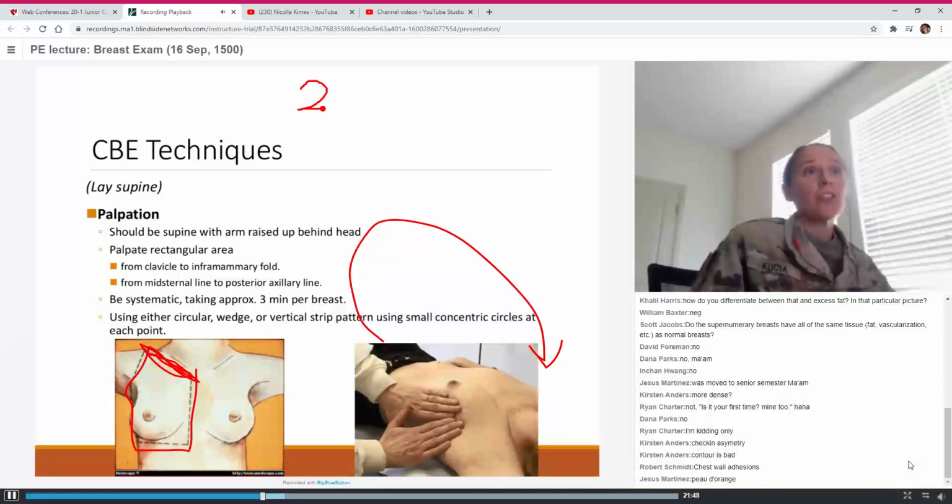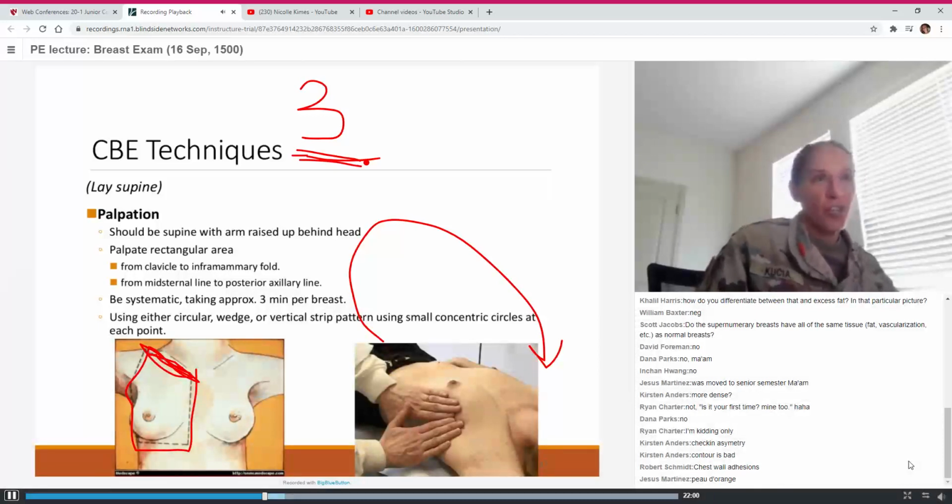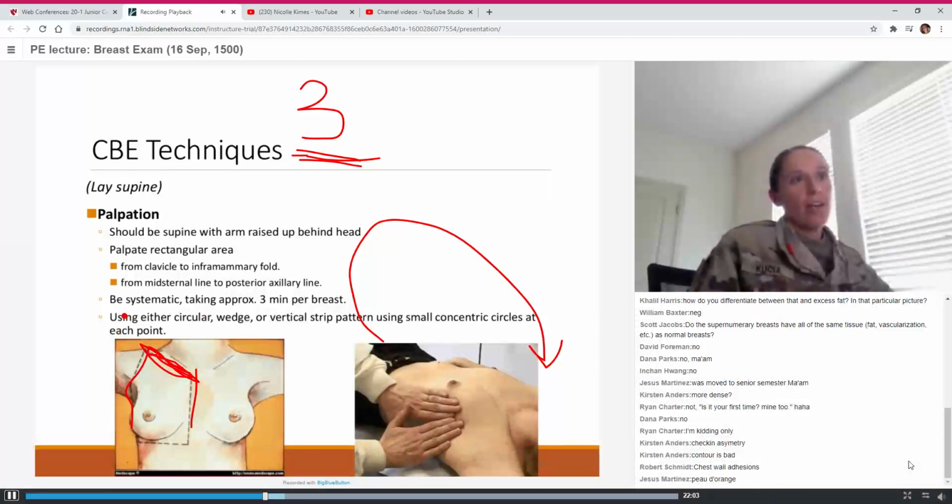So you're going to go through this whole zone and do it methodically. And you're going to use what I call the rule of 3. It should be about 3 minutes, 3 fingers, 3 depths of palpation. And you can use a variety of techniques to walk your way over the breast tissue and in the zone.